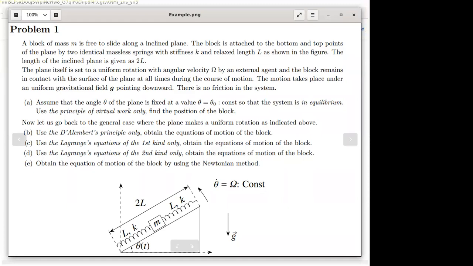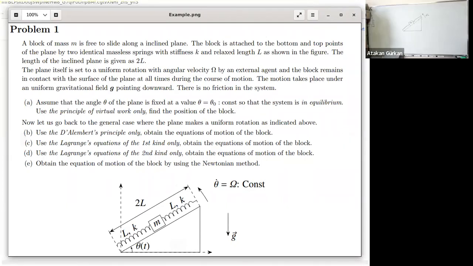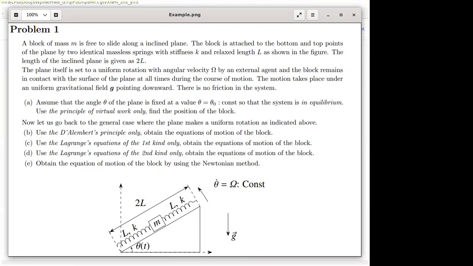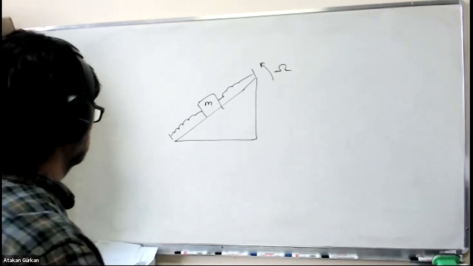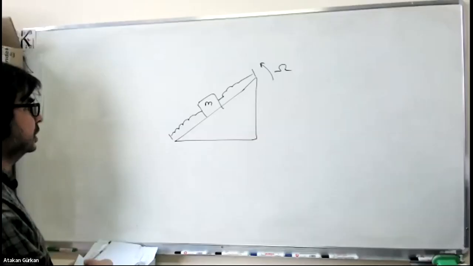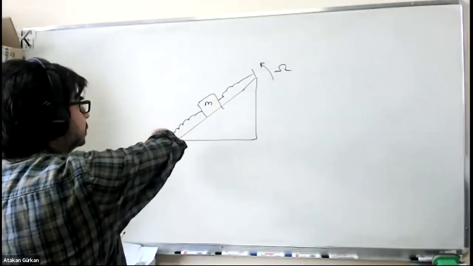So hocam, on the figure on the page, the upward axis is z-axis, right? No, I'm just trying to understand the question. So it is rotating around the z-axis, right? It's rotating around this point, so it's rotating like this.